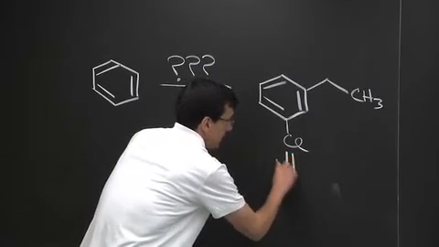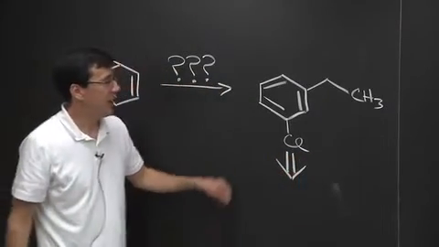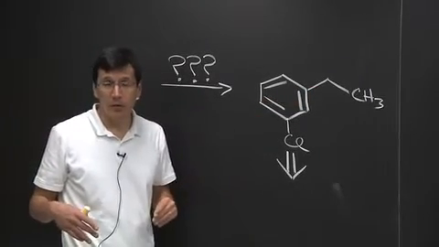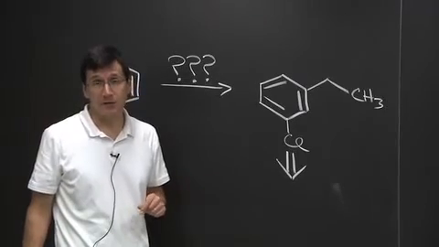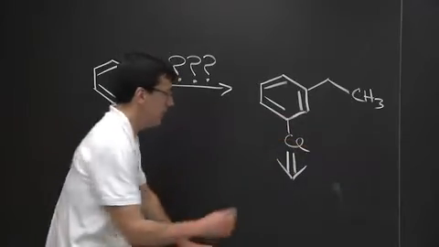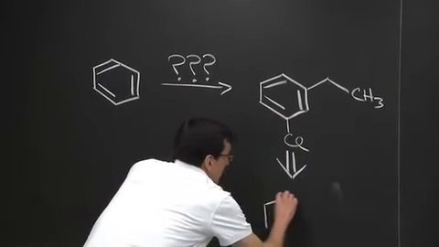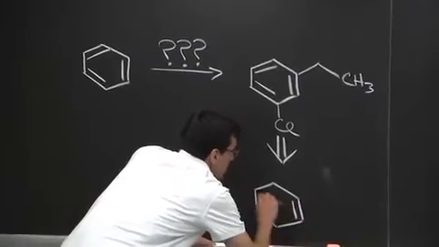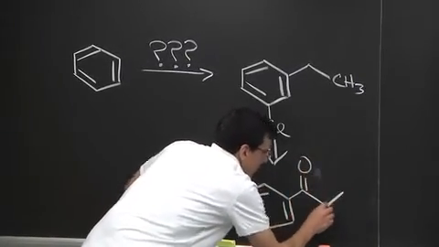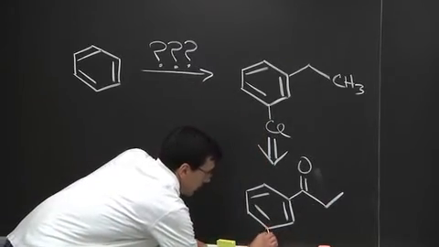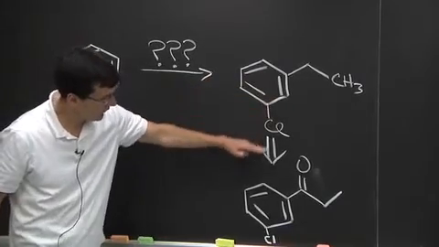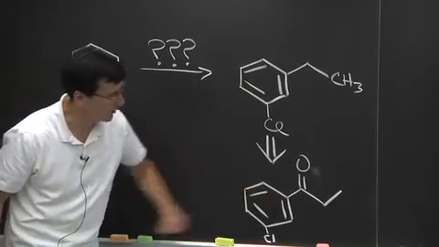Retrosynthetically, we might imagine that one of these groups came from a somewhat different group that was, in fact, meta-directing. So, for instance, we know that an alkyl group can come from the corresponding acyl group by reduction. So, retrosynthetically, we might imagine that this compound could have had as its precursor this one.